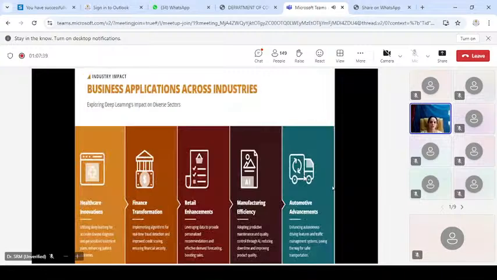Now, business applications across industries. Deep learning, as highlighted earlier, is revolutionizing even the healthcare sector, right? It is enabling more accurate diagnostics, personalized treatments, and predictive healthcare models. See, medical imaging, for instance, has seen significant advancements with DL algorithms because now it is able to detect diseases such as cancer, heart conditions, neurological disorders more accurately than the human experts themselves.